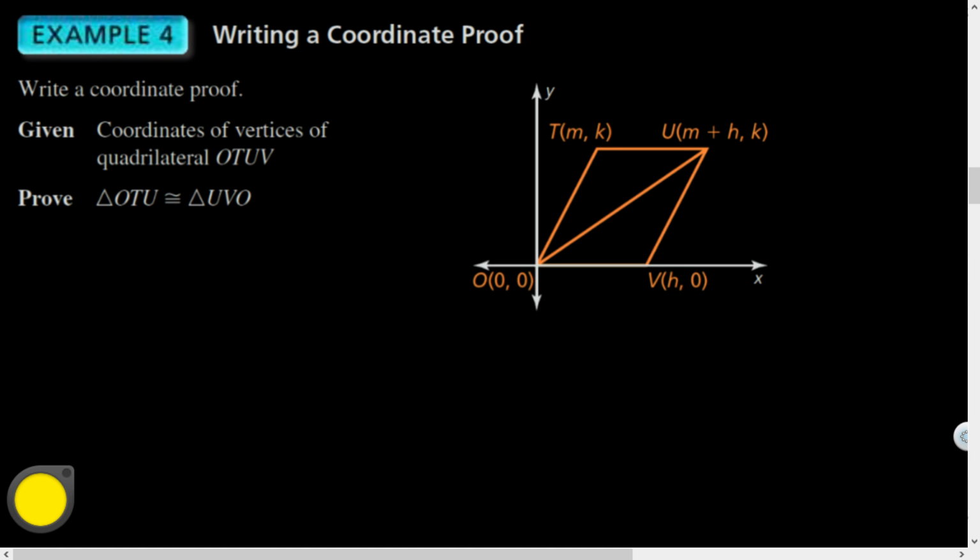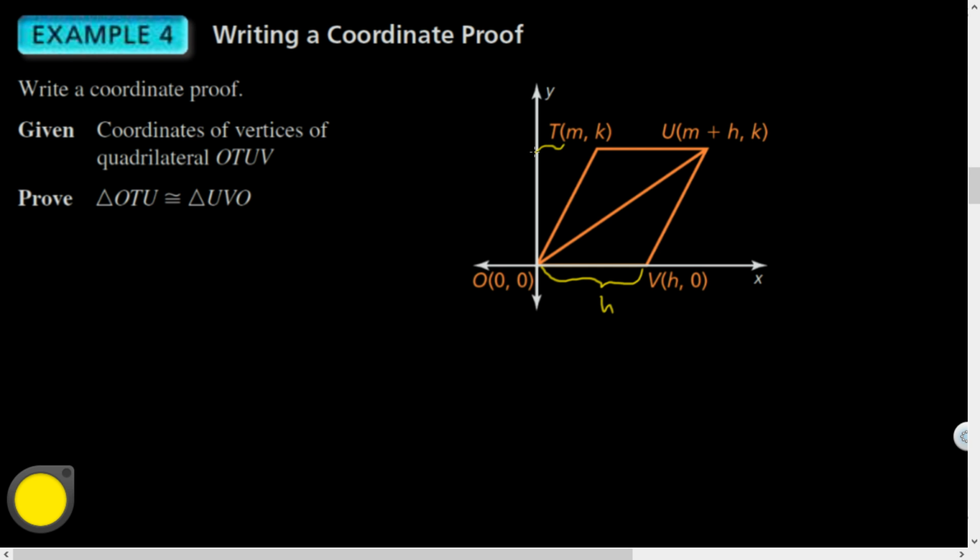All right, so here it says write a coordinate proof. Coordinates of vertices of quadrilateral OTUV have been given to us. Let's see first of all if this makes sense. What is this distance? H. Okay.